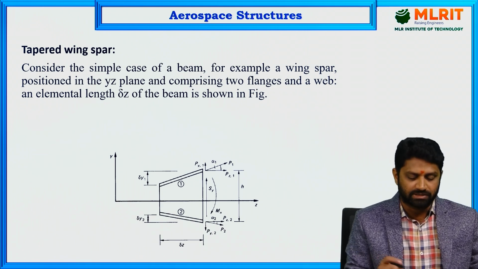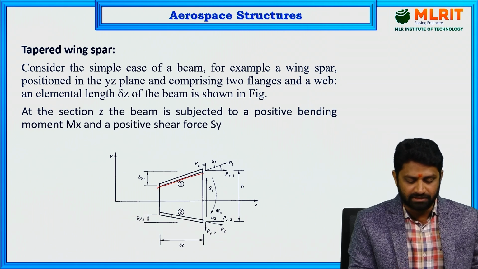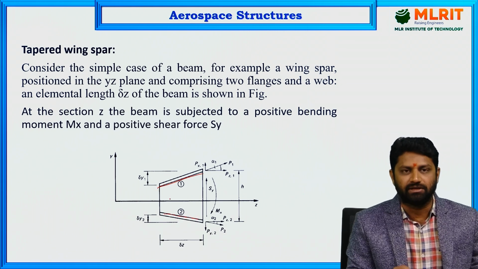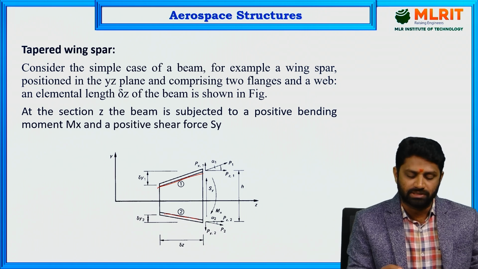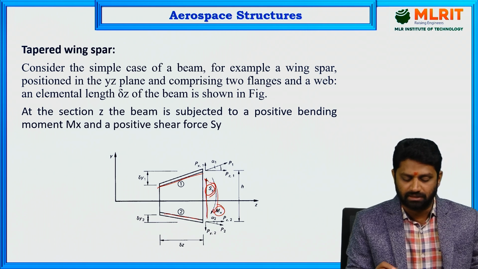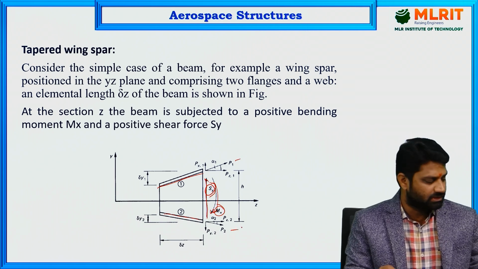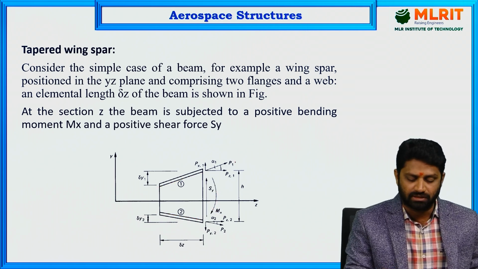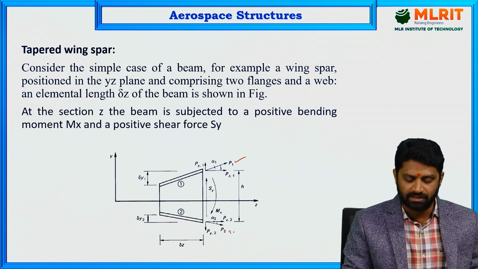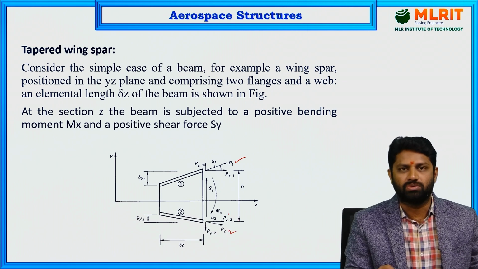So now we considered one tapered wing spar, in which you can see this is the upper flange and this is the lower flange, and it is connected by a thin web. And let's look into this. SY is the vertical shear load that is applied like this, and MX is the bending moment applied in this direction. And let us assume P1 and P2 are the flange loads, that is in the upper flange the load is P1, and in the lower flange let us assume the load as P2. Now this P1 and P2 are resolved into two components.